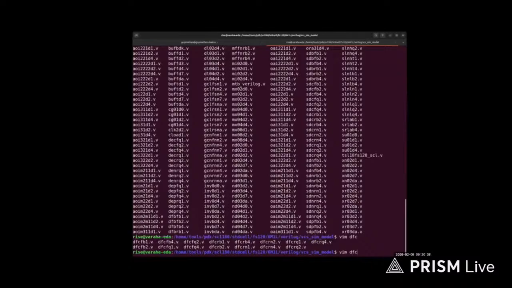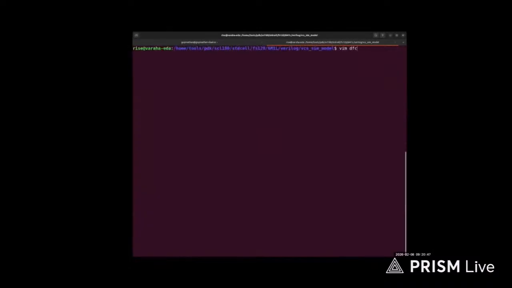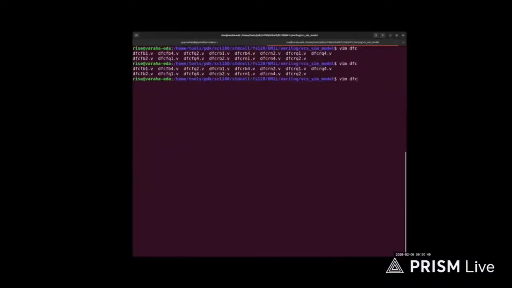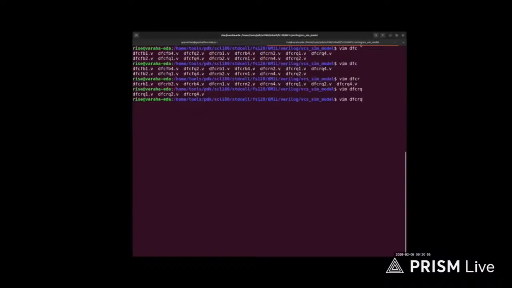DFCRQ1. So many varieties are there. That's what I wanted to show you. See, in DFC itself, you have this many flavors of flip-flops, and DFCRQ1 is what we wanted. Okay. That's in the netlist.